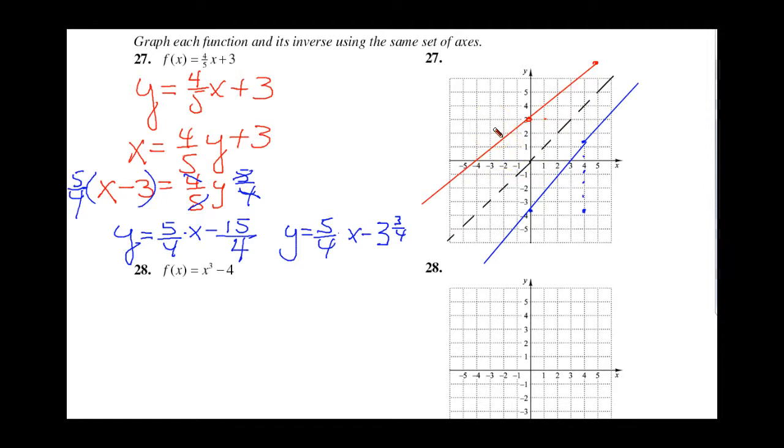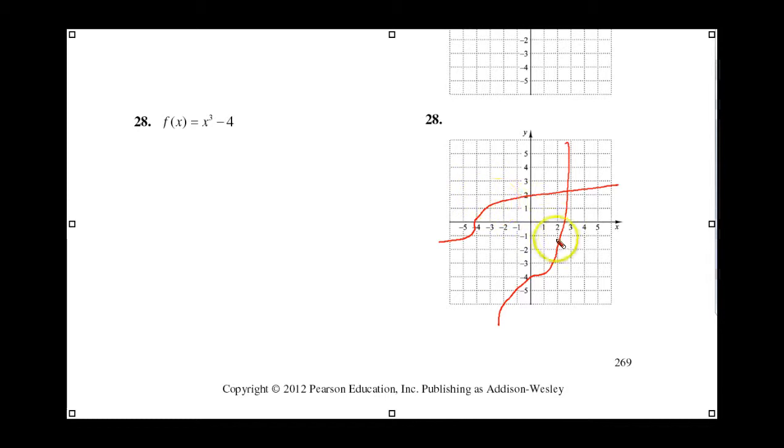Let's move it up for our last one here. And if you had a calculator, you could actually plot both of these, but to find the inverse, again, we're going to have y equals x to the third minus 4. This will then be x equals y to the third minus 4. We transpose the 4, it becomes plus y.